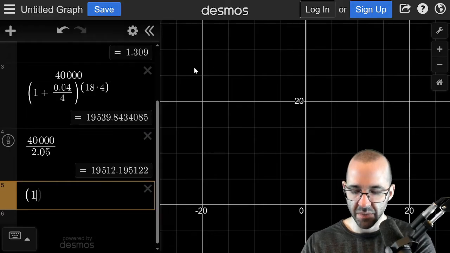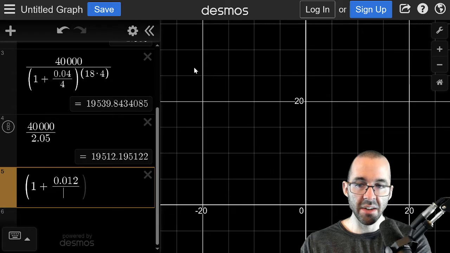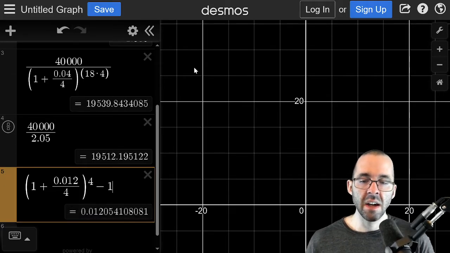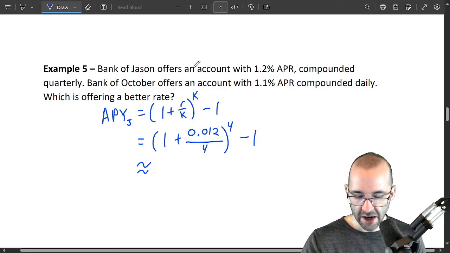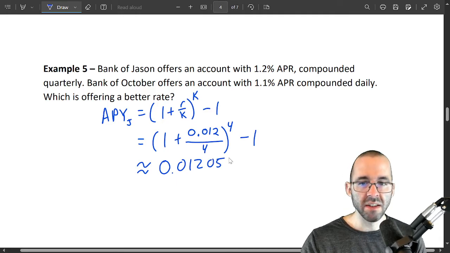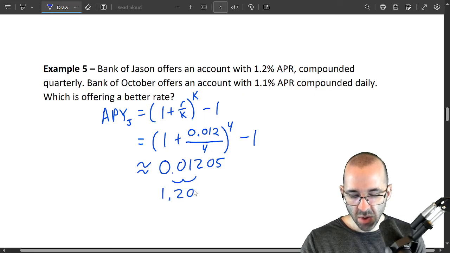That's going to be 1 plus 1.2% compounded quarterly. We have 4 quarters in a year. Subtract 1, it's 0.01205. What percent is that? To convert it to a percent, just move the decimal place twice. About 1.205% APY.